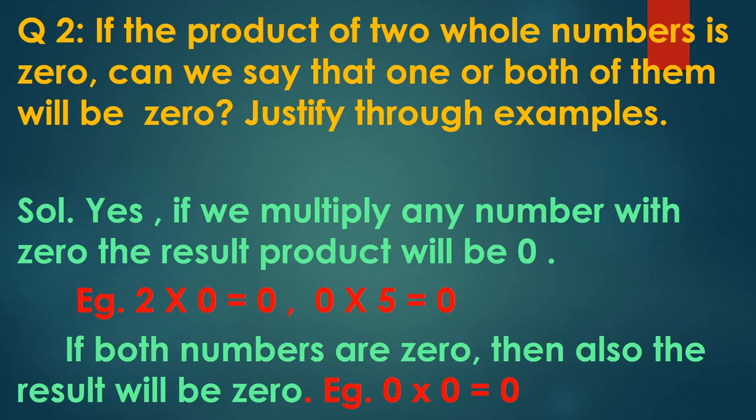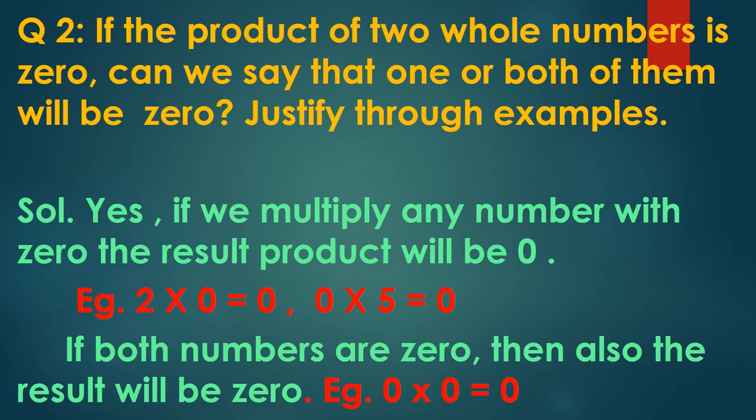Now see. Yes, if we multiply any number with 0, the resulting product will be 0. Example, 2 multiplied by 0 is 0 and 0 multiplied by 5 is also equal to 0. Means if we are multiplying two whole numbers and one number is 0, then our result is 0.